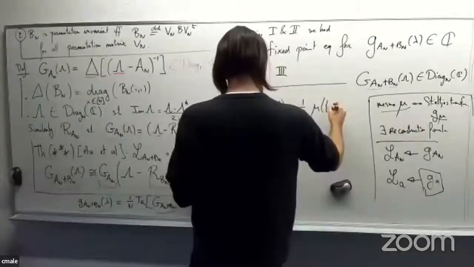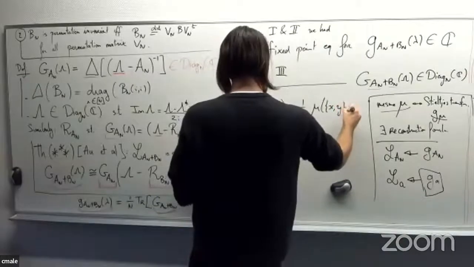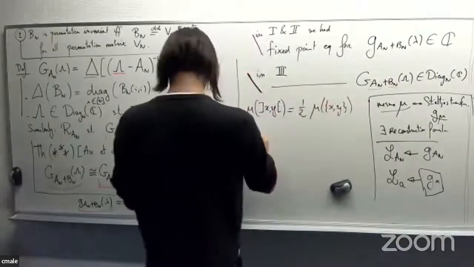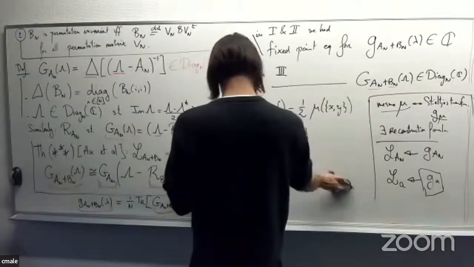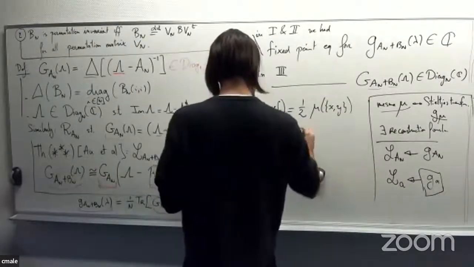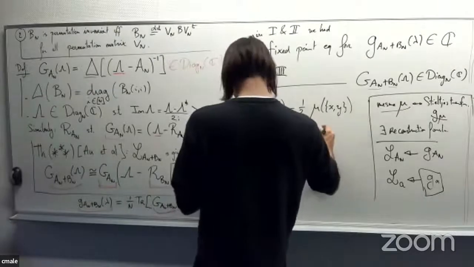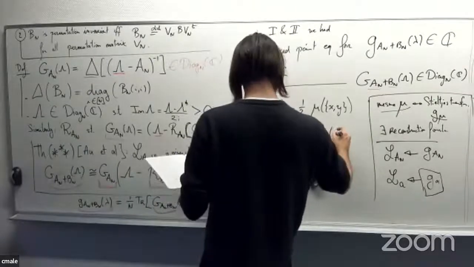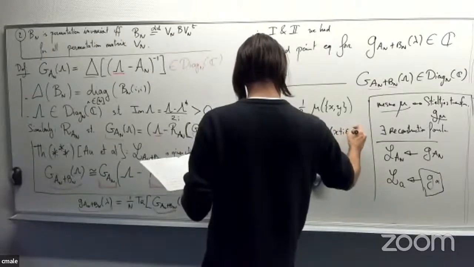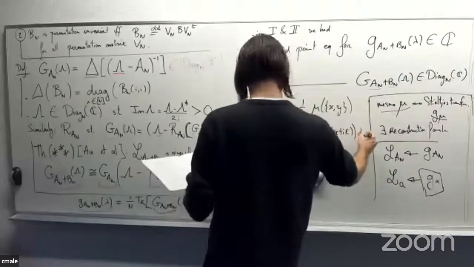One half of the measure of the atoms that did not appear before, minus the limit of this integral of the imaginary part of G_mu at X plus i epsilon, dx.